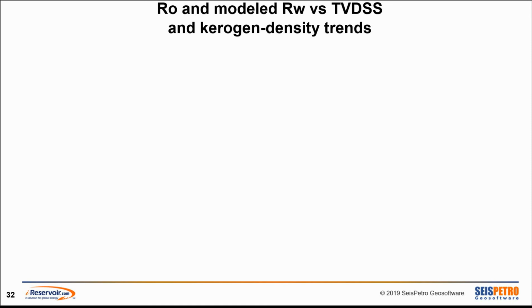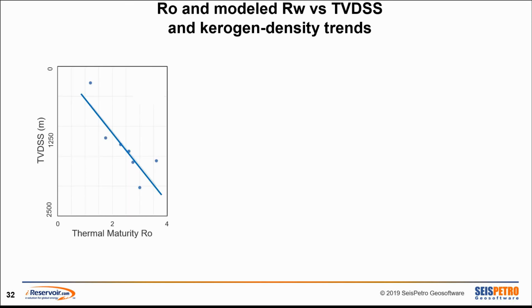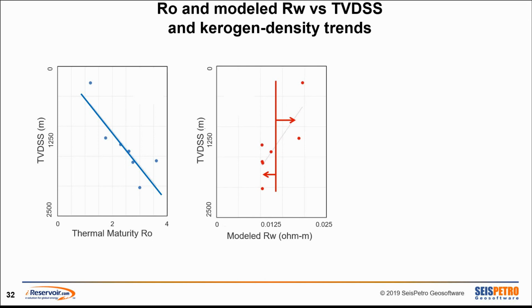And here is the result of the analysis of the variations of the constants for the different wells. First, we start by plotting the thermal maturity estimated from vitrinite reflectance versus depth, and we see that there is a clear increase of maturity versus depth. Second, what came from the algorithm, which is the modeled water resistivity, was plotted also against true vertical depth.